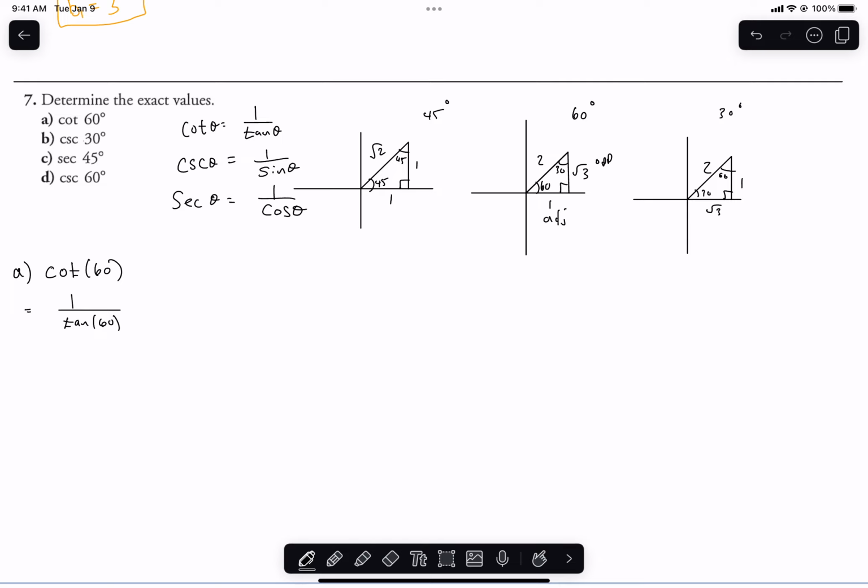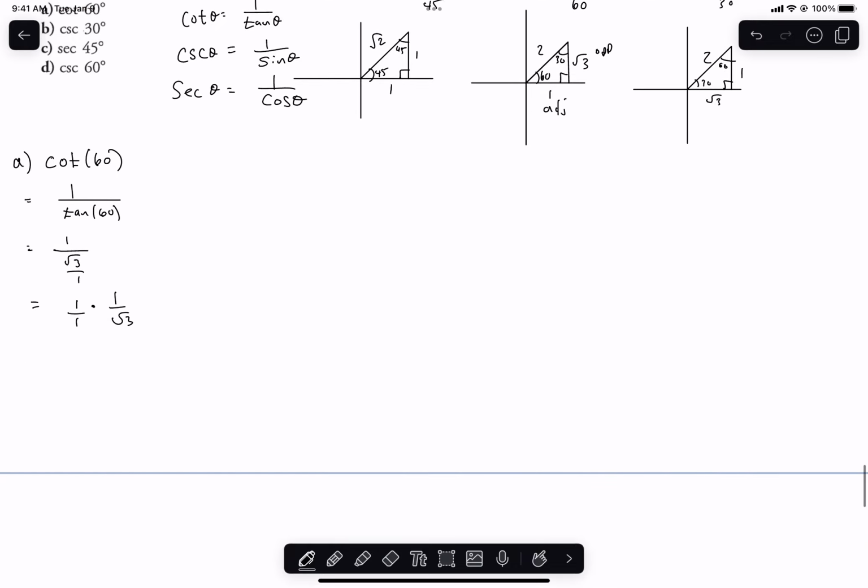The tan of 60 is root 3 over 1, and if I reciprocate that, I get 1 over root 3. So 1 over root 3 should be the cotangent of 60 degrees.